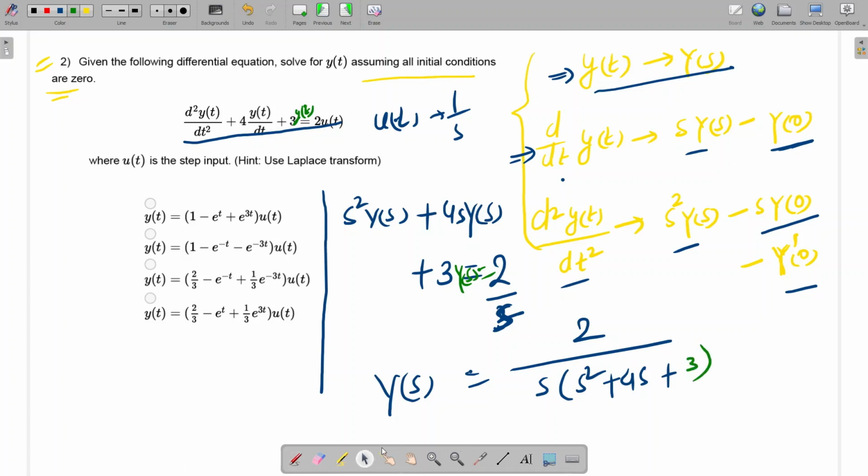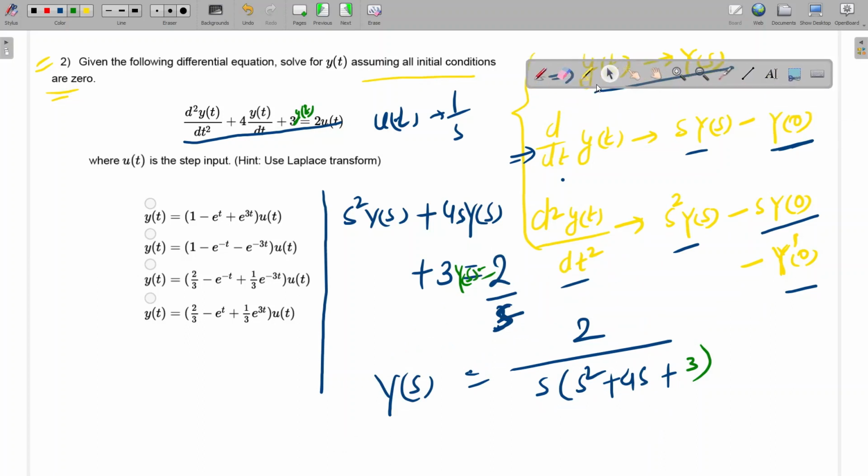Now we can factorize this one. What will be the factorization of this? Can anyone tell? 1 and 3, it will be s plus 1, s plus 3. Is it correct?